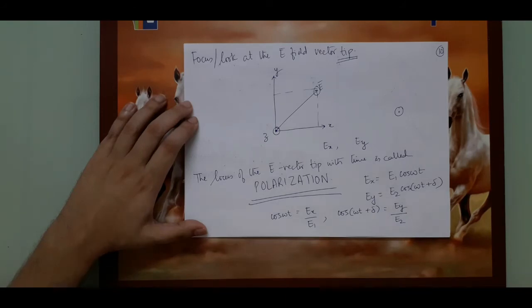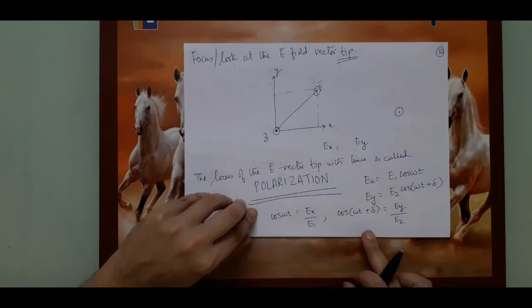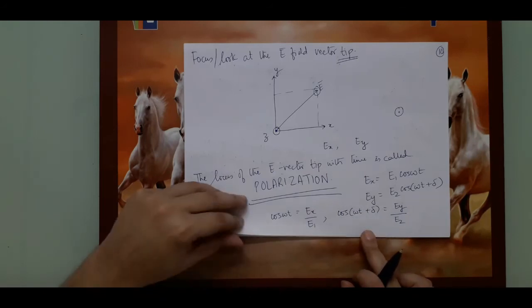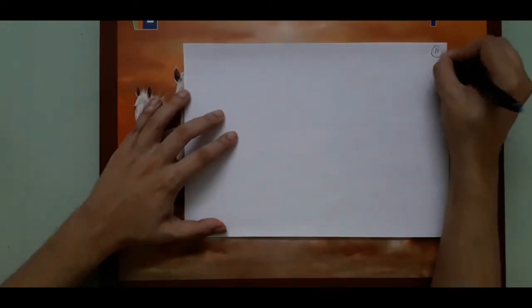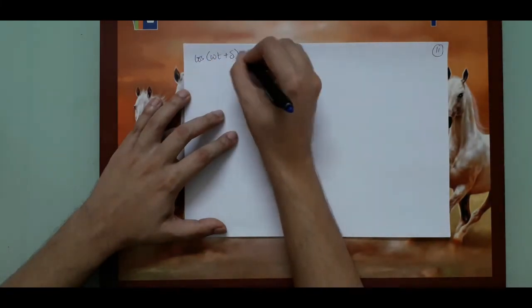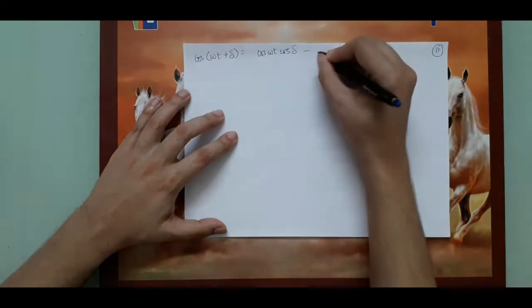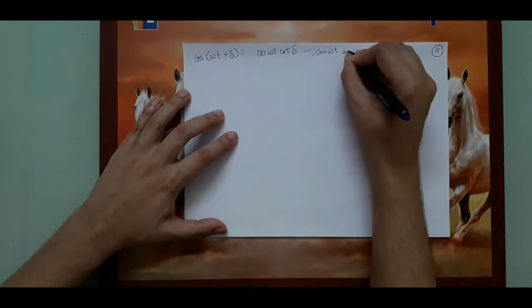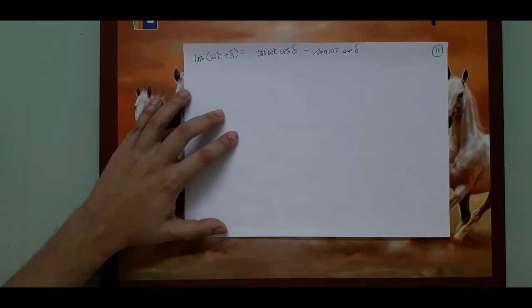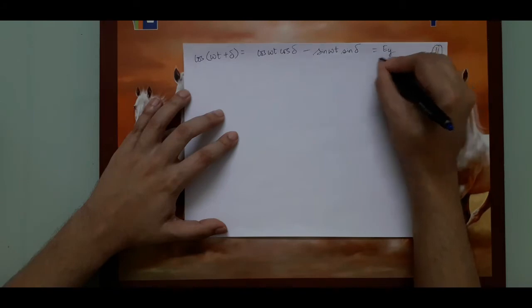So what we can do now is expand this cos addition term. As you know, cos of a plus b is nothing but cos a cos b minus sin a sin b. So expanding, we get this, which is nothing but Ey by E2.